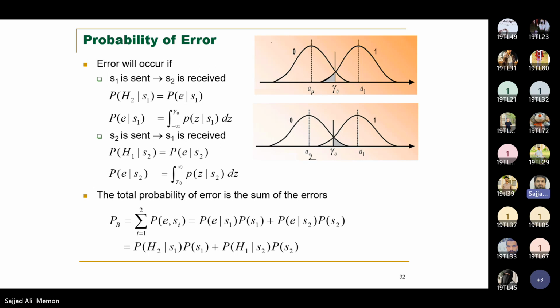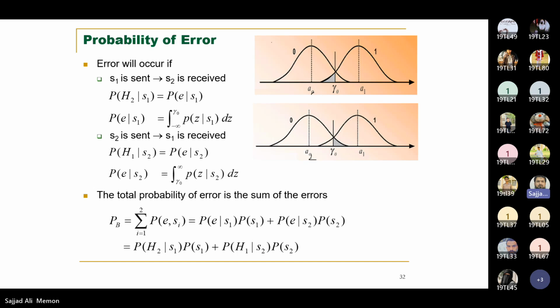That probability is represented as P of E given S1, and that is equal to the integral from minus infinity to gamma naught of P of Z given S1 dZ.